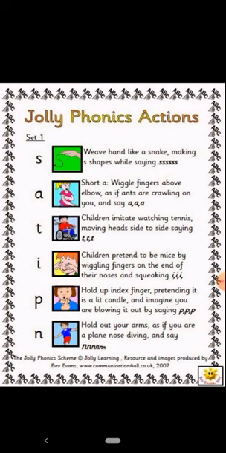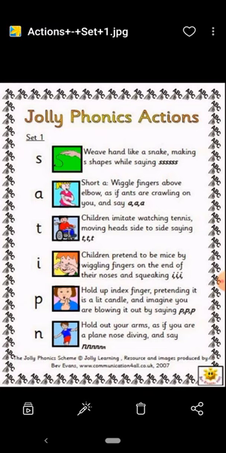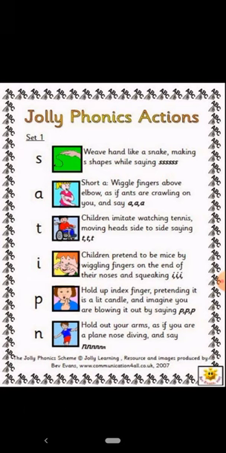So I'll be taking you through the various sets, and as you can see from my screen, you can see the various actions. It says weave your hand like a snake, making the shape. So you weave your hand like a snake, like an S. I know you can't see my hand, but I'm actually making the action.